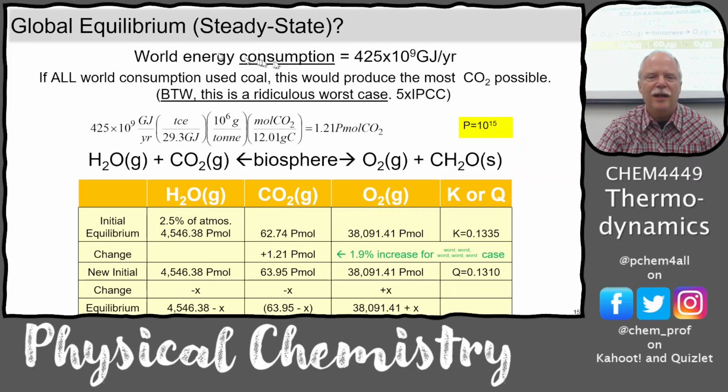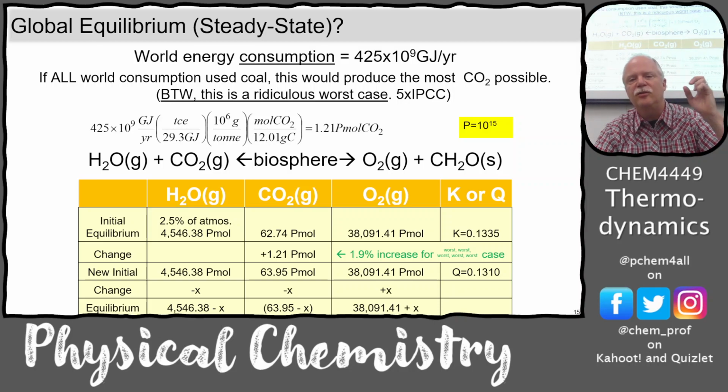And so I thought, what if we took this 425 gigajoules per year and we just assumed that it was the most CO2-producing fuel? If we got rid of all the nuclear, all the wind, solar, all of the oil, and we just used coal to generate all of this.